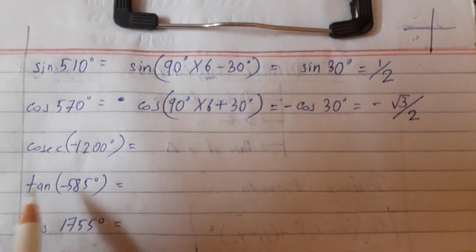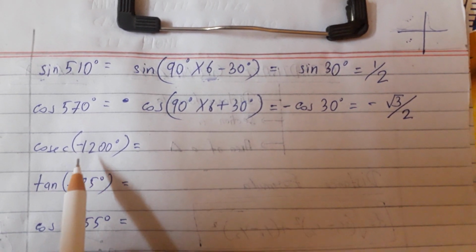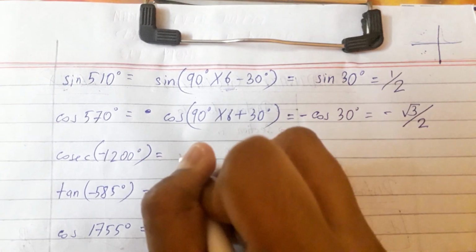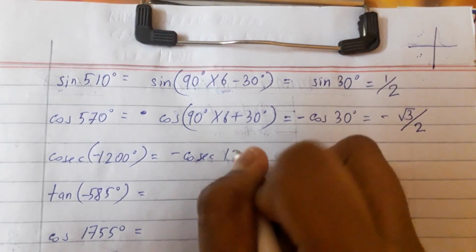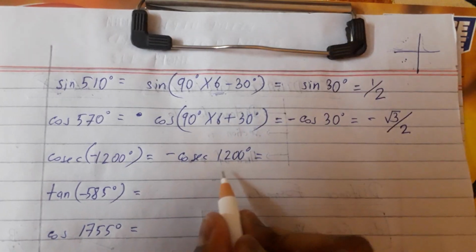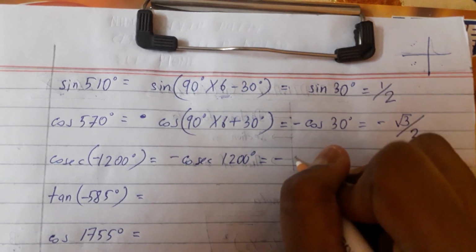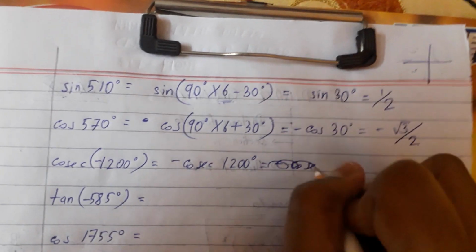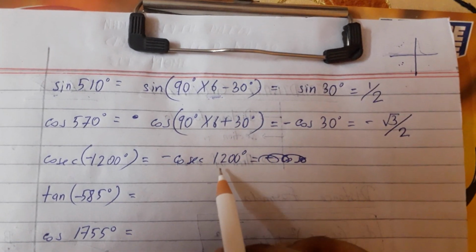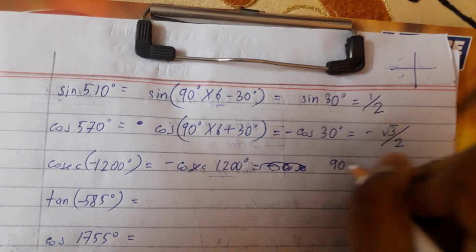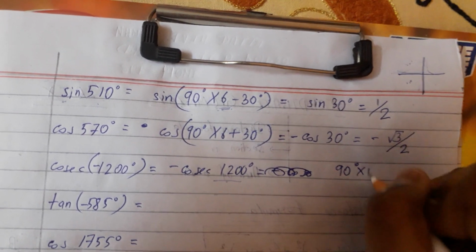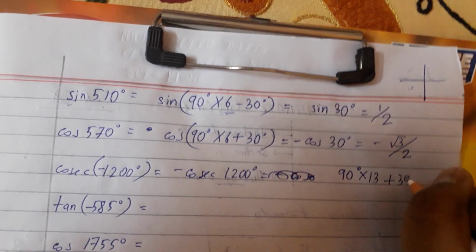Now the next one is given cosec minus 1200. Cosec minus theta means minus cosec theta. Now you have to expand this angle. The first step is to expand the angle, so this will be 90 degree into 13 plus 30 degree.